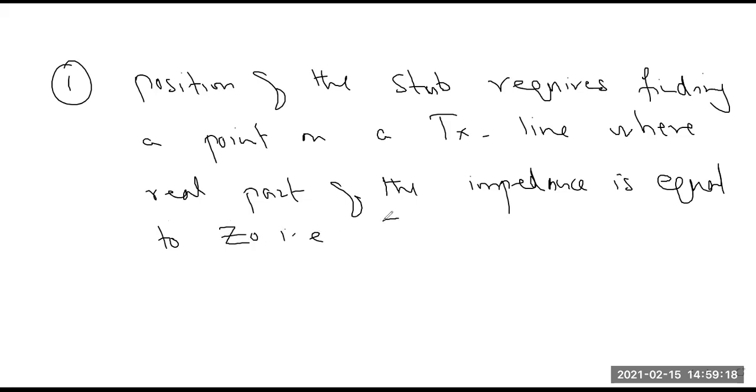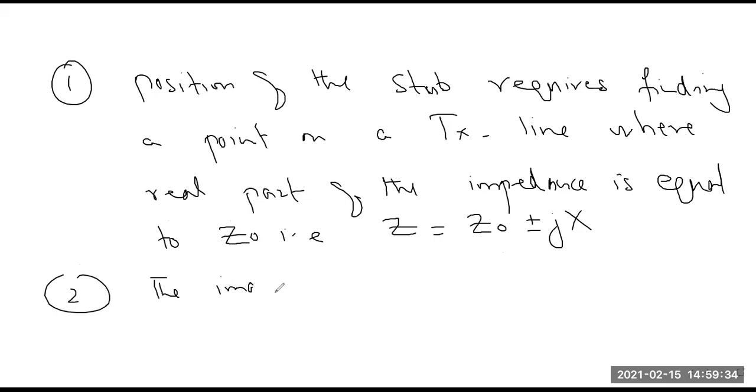That is, Z should be equal to Z0, and as before, we can have either plus jx or minus jx. This is the first point. And what is the second point?